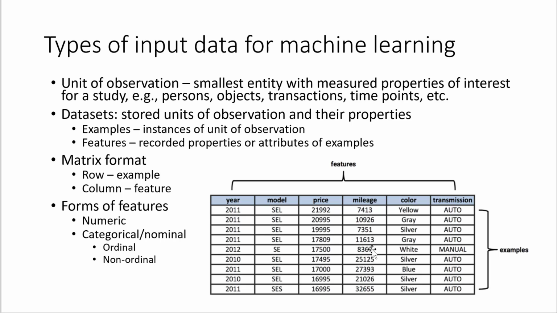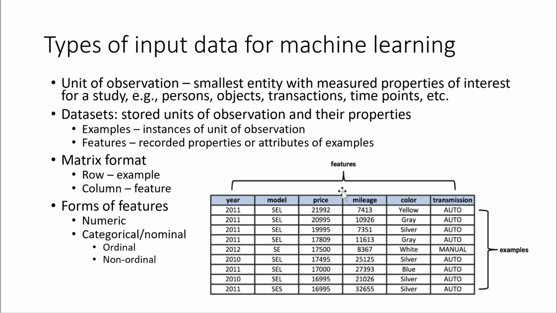The features will be their genomic information, weight, height, blood pressure, etc. So I hope right now you know what a unit of observation, a feature, and an example are, so that if I give you a matrix, you can understand the information you have.